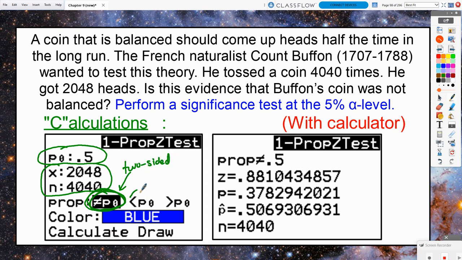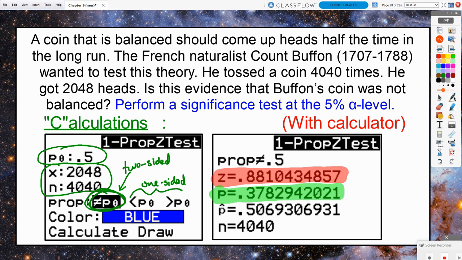If you select less than or greater than, that's what makes it a one-sided test. Then I go down, hit calculate, and here's what I get. Notice it gives the same test statistic, and this time it went ahead and doubled the p-value for me.